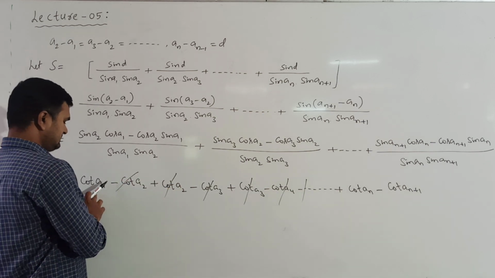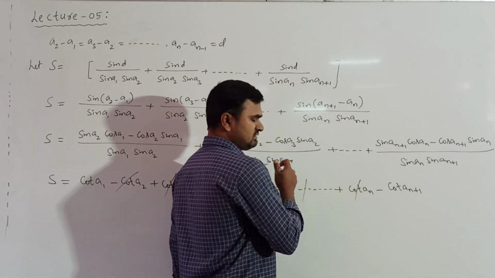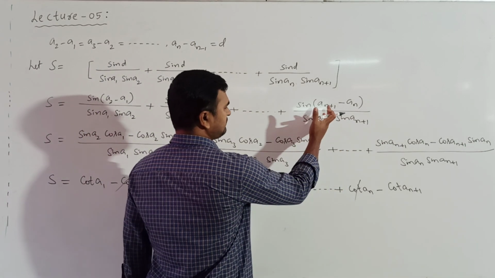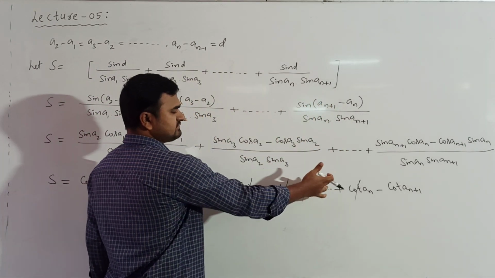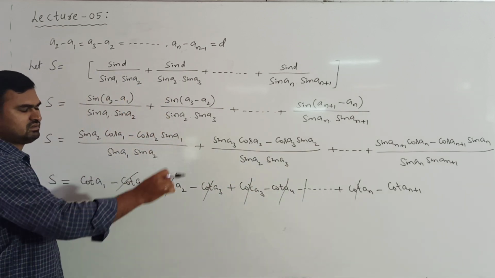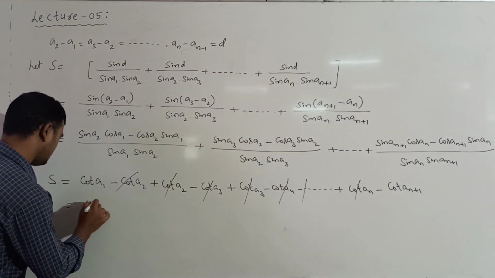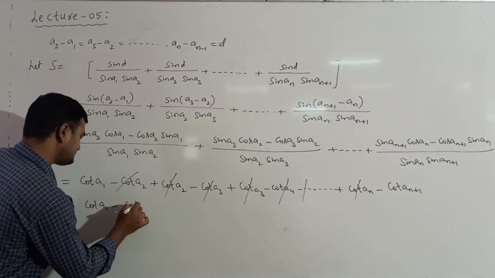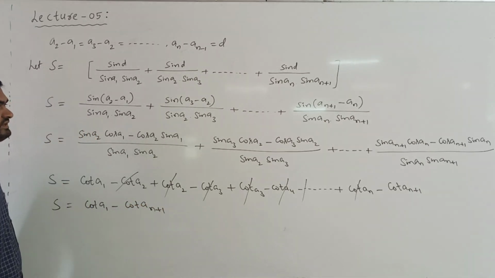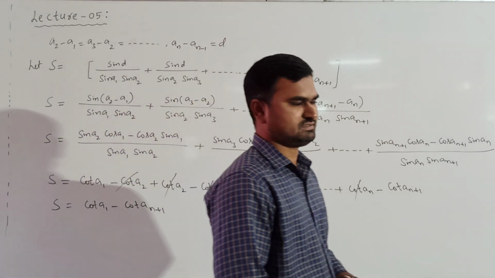First term is remaining. You can see last term remains. Now before that all the terms will get cancelled. Okay. If you want, you can write one term before this and see which terms will get cancelled. So first term remains, then last term remains. So the summation is cot a1 minus cot an plus 1. So required summation is cot a1 minus cot an plus 1.